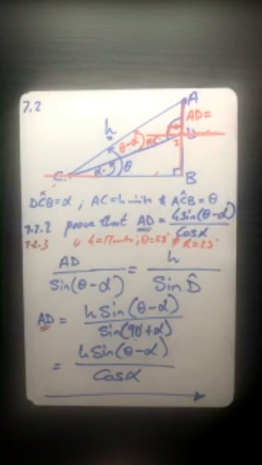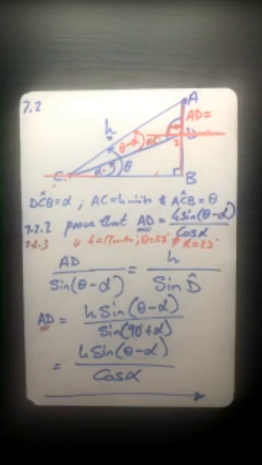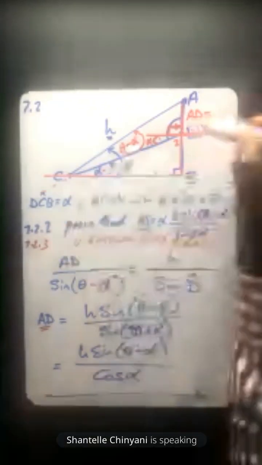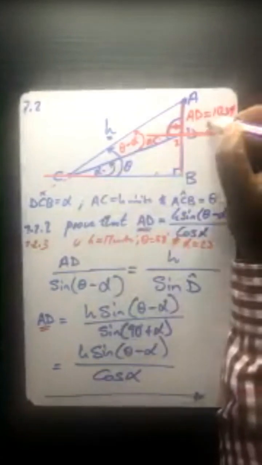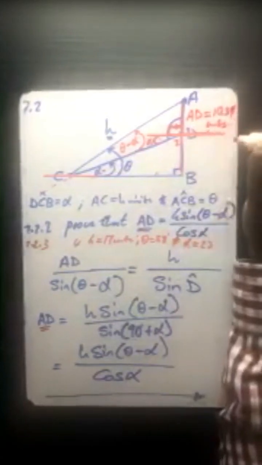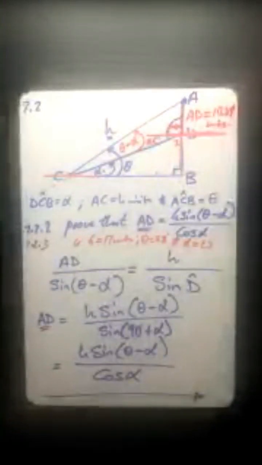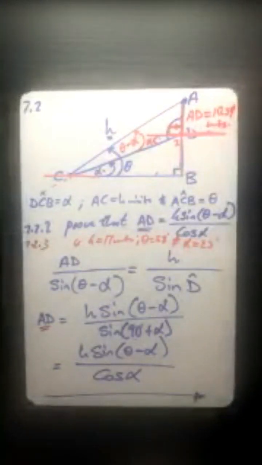Sir, I got 10,59. I just substituted the values, so I don't know. 10,5. It has to have the units named. Are you all getting the same answer? That one doesn't look correct.